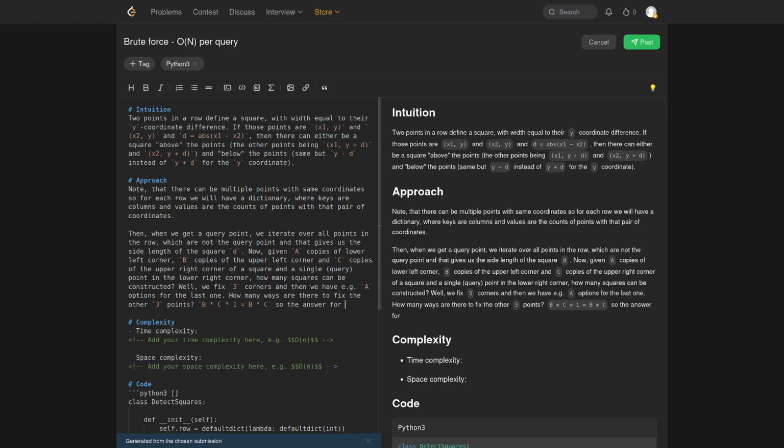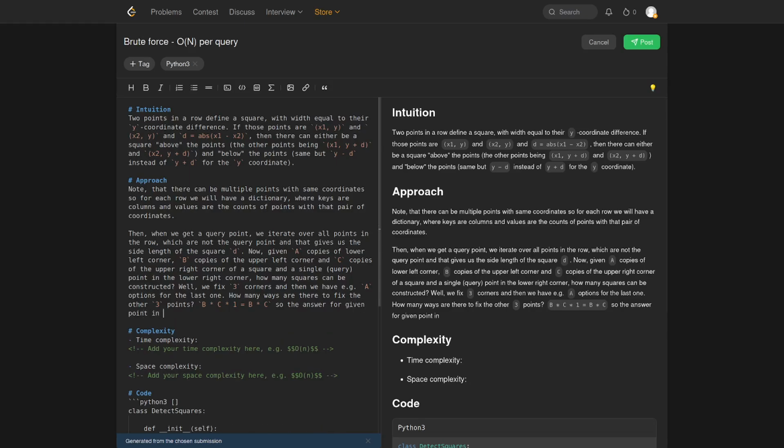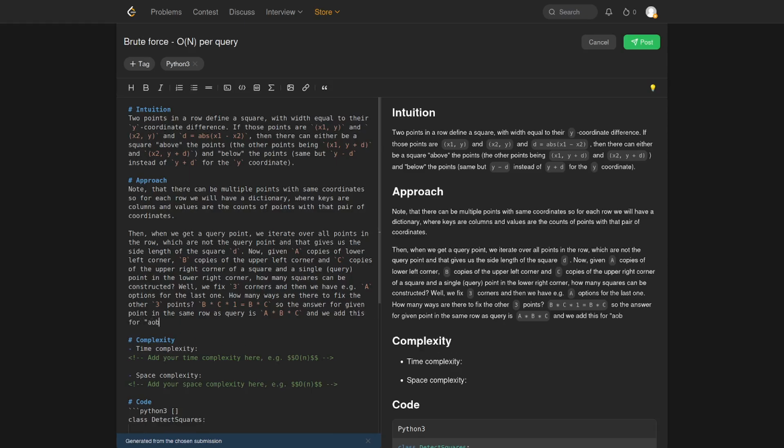for given point in the same row as query is, and we also have, and we add this for above and below triangle, no, square.